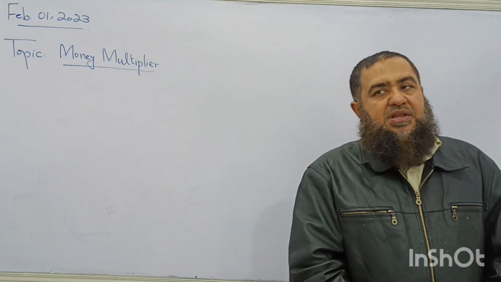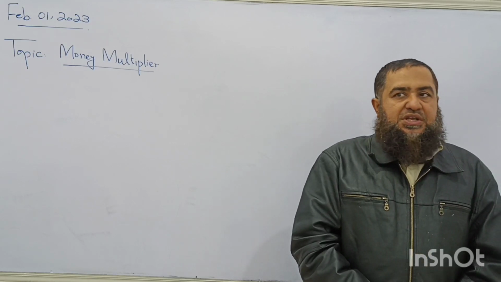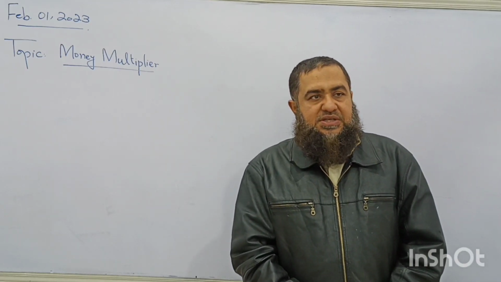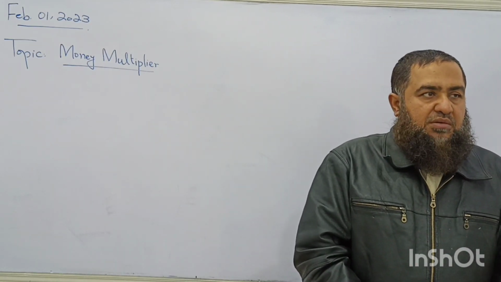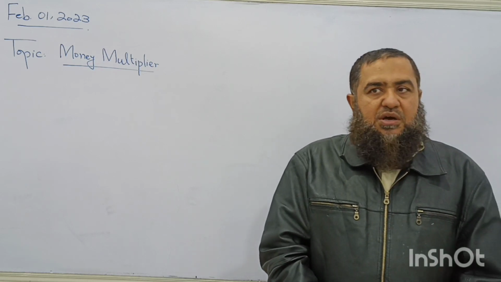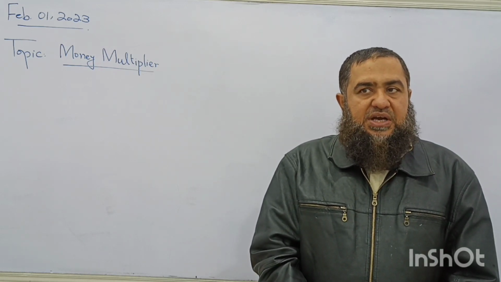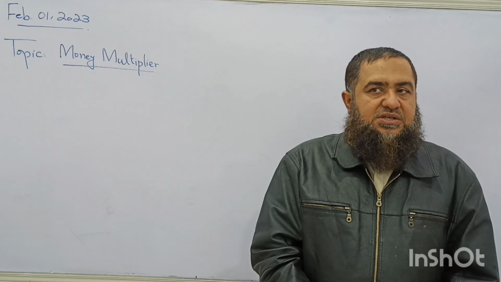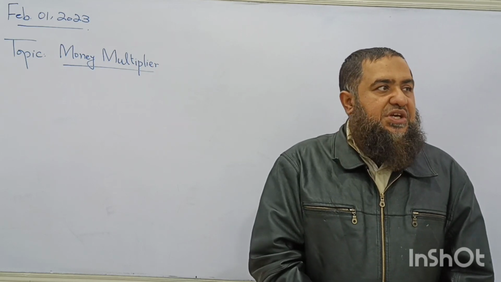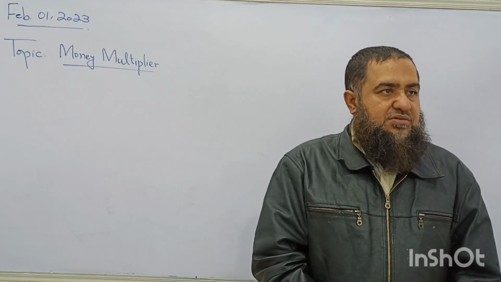Do you remember the multiplier we studied at the start of our lessons in macroeconomics? In macroeconomics, the multiplier effect is how many times national income will change due to a change in injection to the economy.